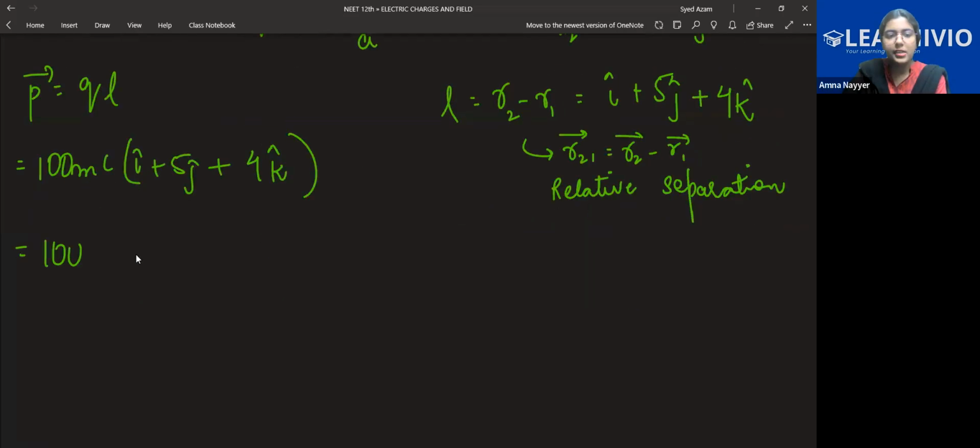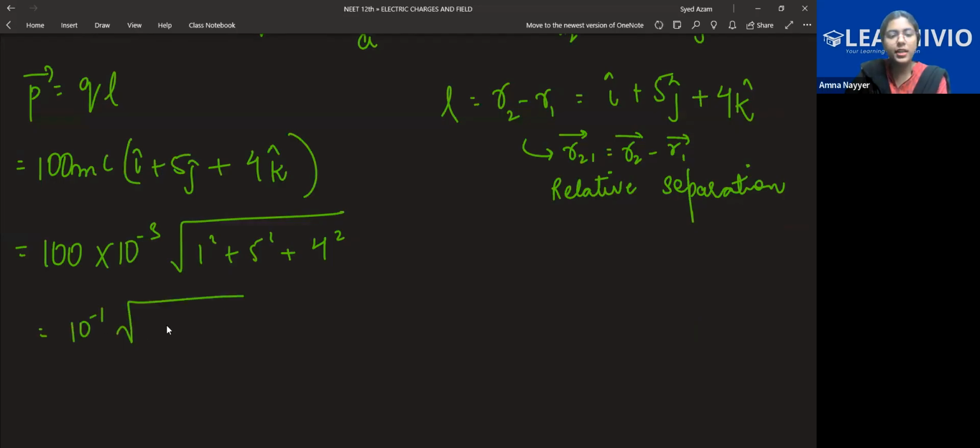So 100 into 10 to the power minus 3, this is the charge. And this will be under root 1 square plus 5 square plus 4 square, right? So this is 10 to the power 2, 2 minus 3 is minus 1, so 10 to the power minus 1. This is 1 plus 25 plus 16, right?